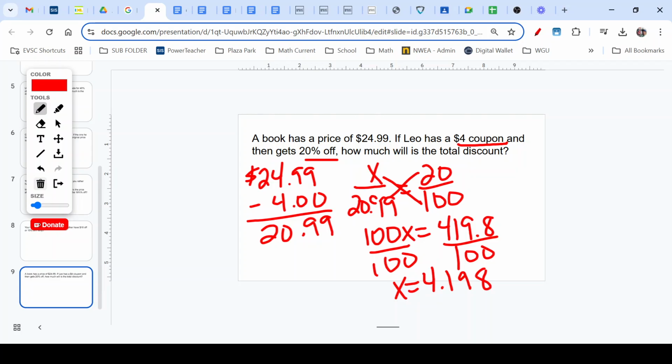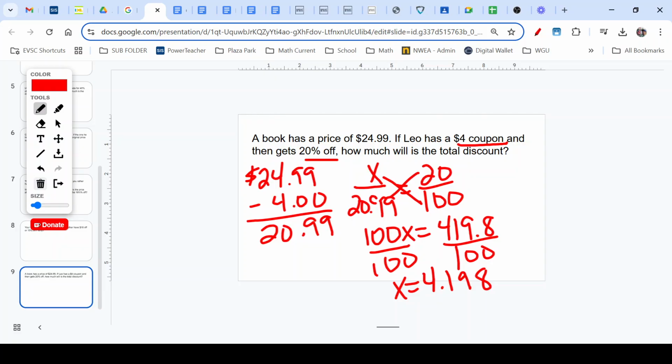Now, since we're dealing with money, money doesn't have 3 decimal places. Anytime that you have money, you have to round to 2 decimal places, or the hundredths place. Since this number afterwards right here is an 8, this is going to go up to $4.20.